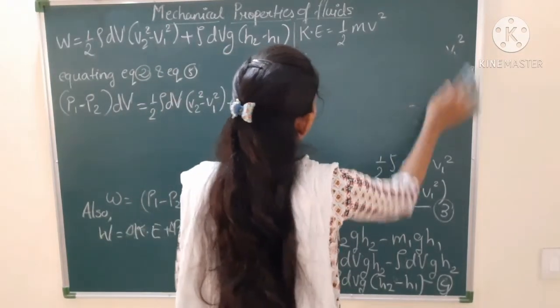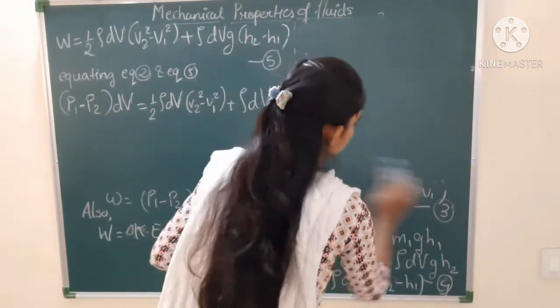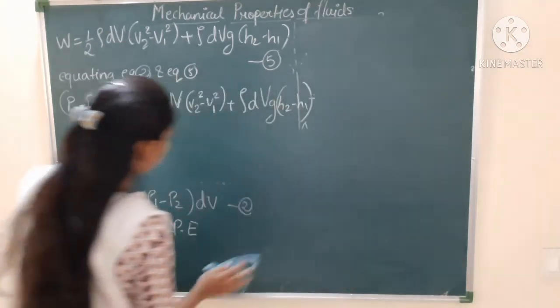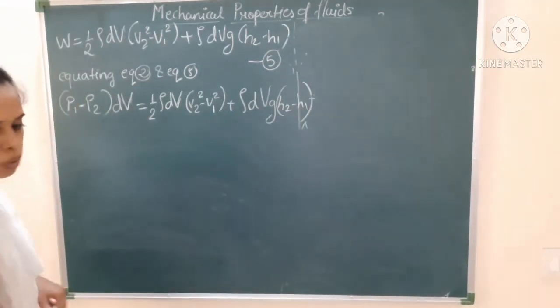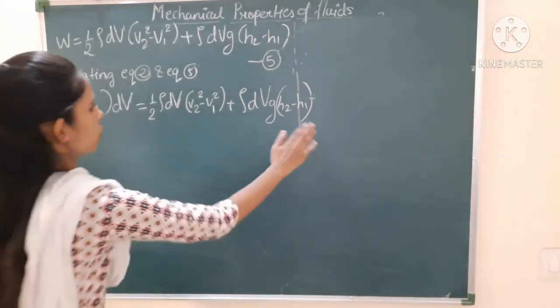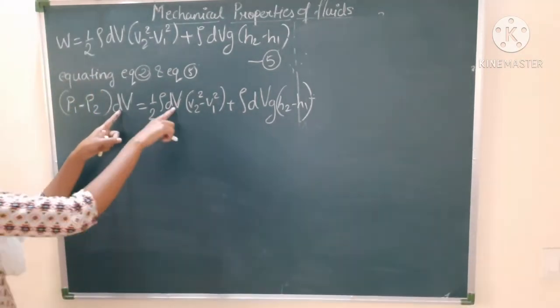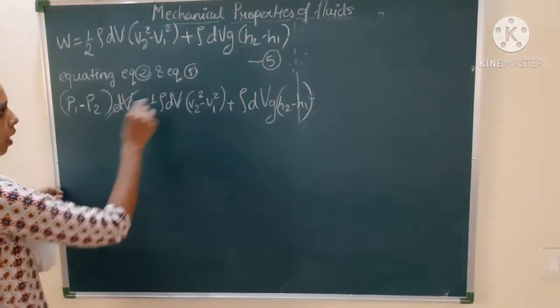This equation is called what? Bernoulli's equation, when we cancel the dV from this. What is common here? You can see that dV is common in each term, so it can be cancelled.